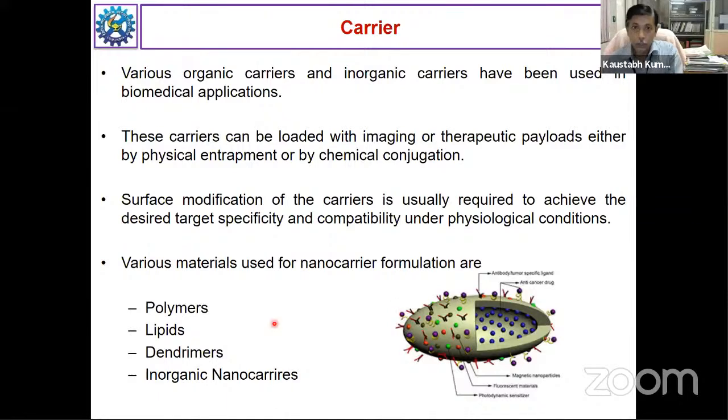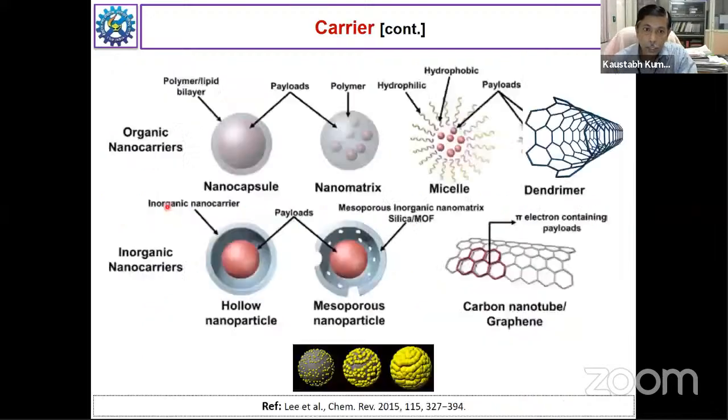Here I can show you how we can build up the carriers. Suppose it is a polymer lipid bilayer carrier, where you can see it's like core-shell nanoparticles, and another kind is a polymatrix.